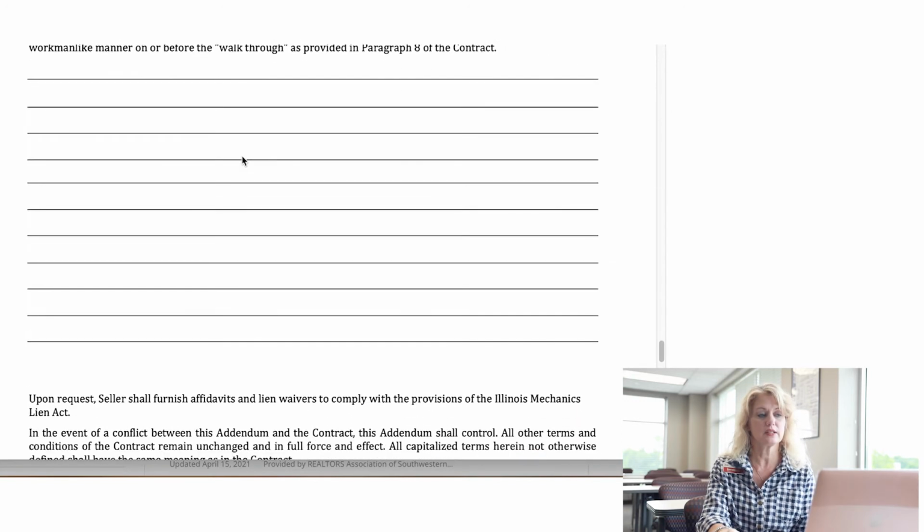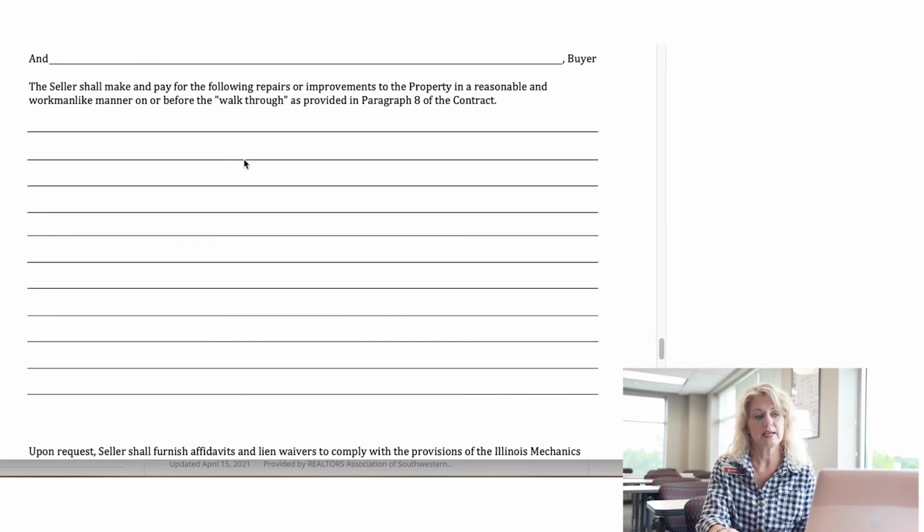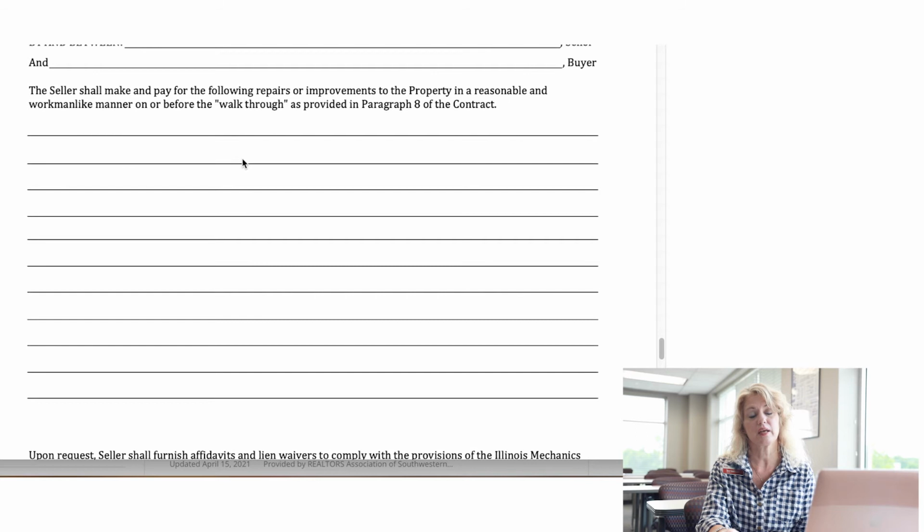The situation with the repair addendum would be if the buyer has especially a FHA, rural development, or VA loan, that lender, that underwriter will not want this to be a part of the contract. So it may be that in order for that lender to process that buyer's loan or even submit it to the underwriter, this is going to have to be removed from the contract.